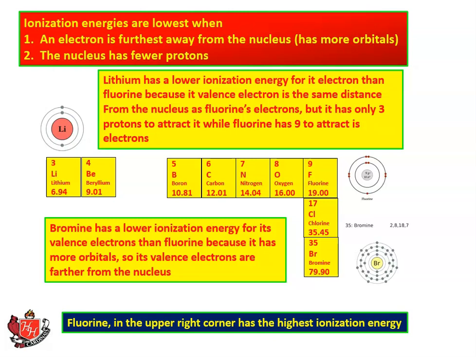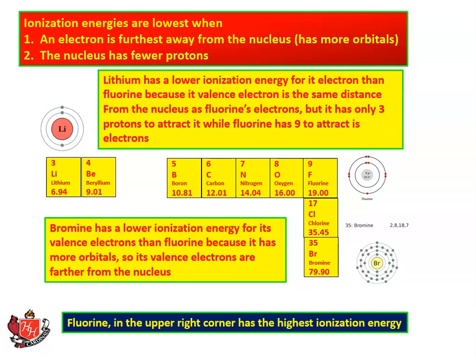Now let's compare fluorine and lithium over there on the left. Lithium has a lower ionization energy for its electron. It only has 1 valence electron. It's lower than fluorine because its valence electron is the same distance from the nucleus as fluorine's electrons. So they're both in the second orbital. Lithium's 1 valence electron and fluorine's 7 valence electrons are both in the second orbital. So fluorine's valence electrons don't get in each other's way. They don't screen each other because they're all on the same level.